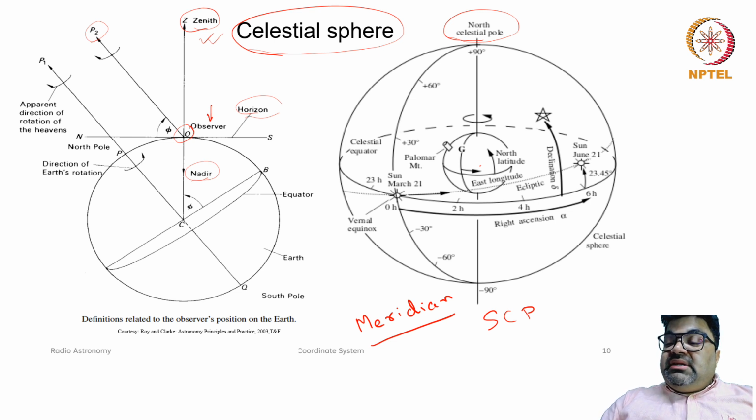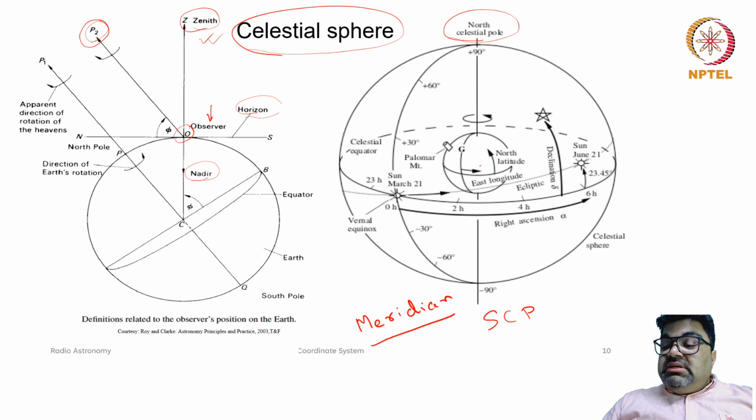The vertically up position pointing towards the sky is called zenith, and below is nadir. The position of the sources across the sky can be measured in terms of the elevation and azimuth angle with respect to, of course, the north and the south pole.